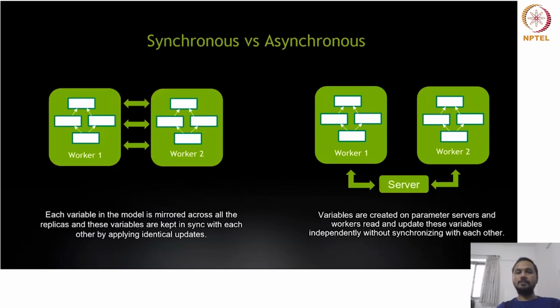The next thing we also said is that no matter what type of parallelism, you can do it either in a synchronous fashion or asynchronous fashion. In a synchronous fashion, each variable in the model is mirrored across all the replicas, and these variables are kept in sync with each other by applying identical updates. So in the case of data parallelism, at every step the gradients get exchanged with each and every worker in a synchronous fashion, and then they continue to the next step.